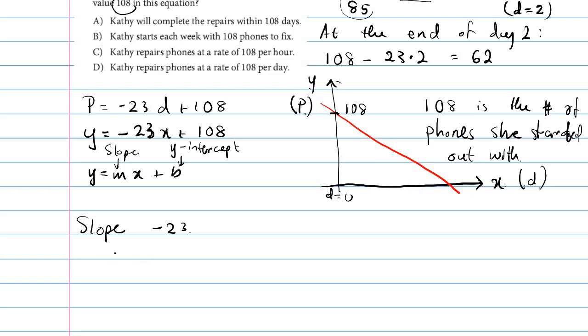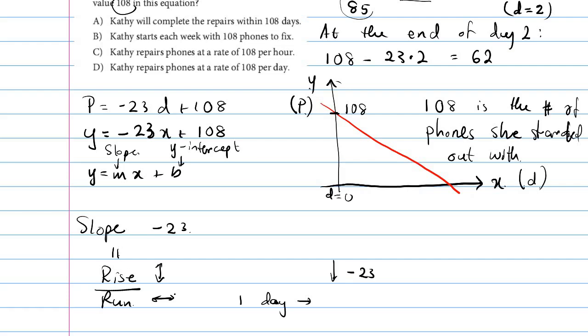So the slope is basically, you may have learned this, rise over run, right? So this is like the y direction and this is the x direction, right? Okay, so if you go one day, like the run in this scenario is just you advance across one day, in this direction, which means that the number of fonts remaining falls by negative 23.